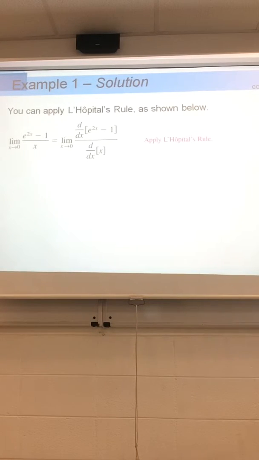I just hope you guys don't have any issues finding these derivatives for this whole year. On the top, don't forget to use the chain rule. So it should be 2 times e to the 2x. On the bottom, the derivative of x is just 1. So now I have its derivative.